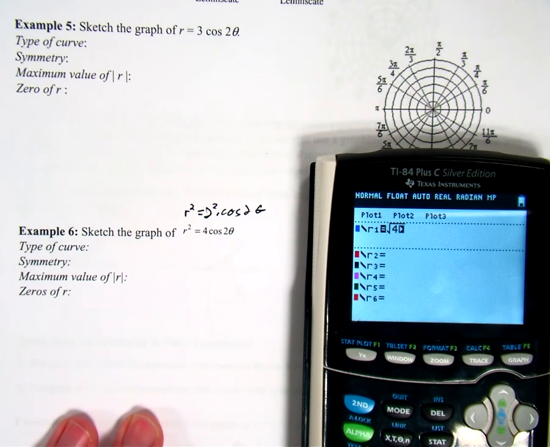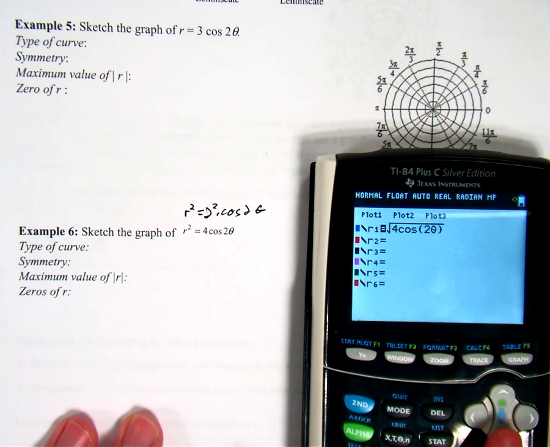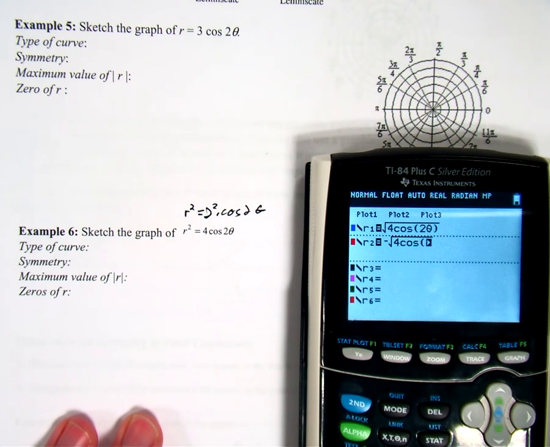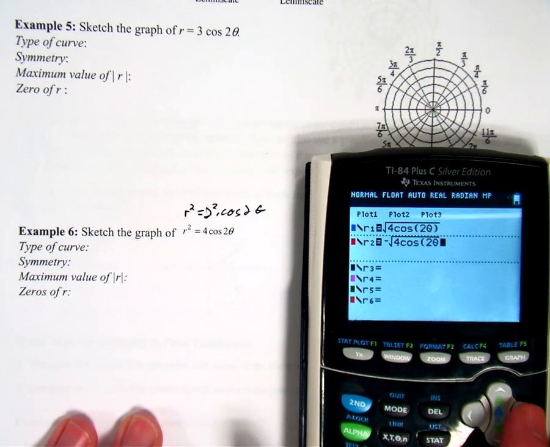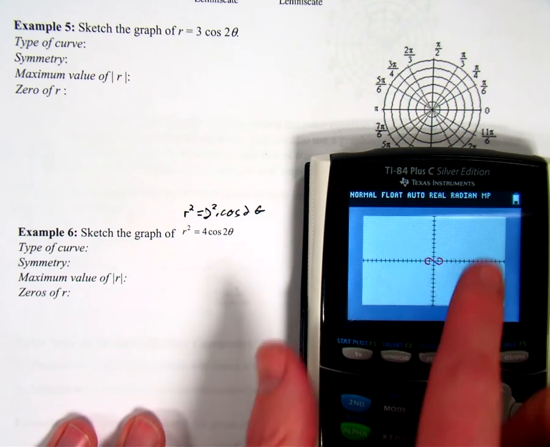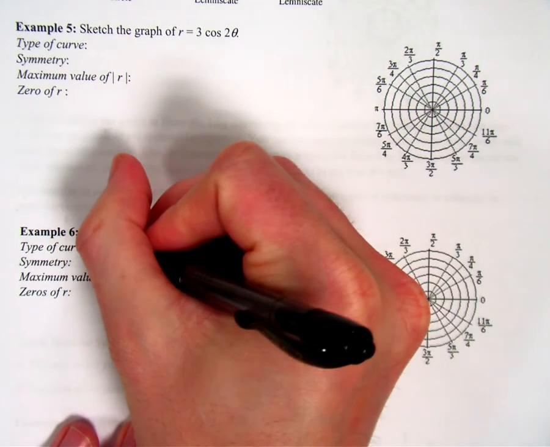Let's see if this works. Cosine 2 theta. And then we also need a negative square root for cosine 2 theta. So is this going to do it for us? Kind of. Pretty weak. You can kind of see the figure 8 going on in there. So we have a lemniscate.